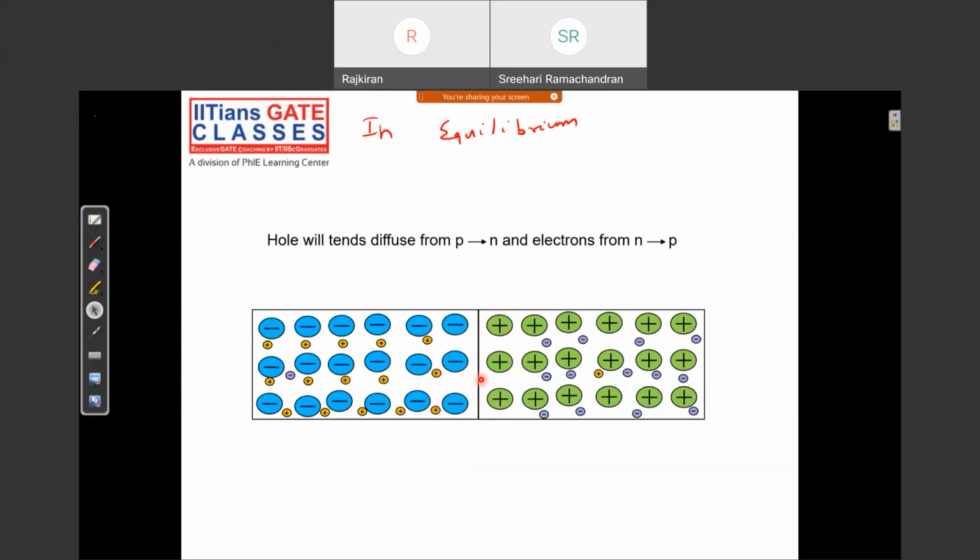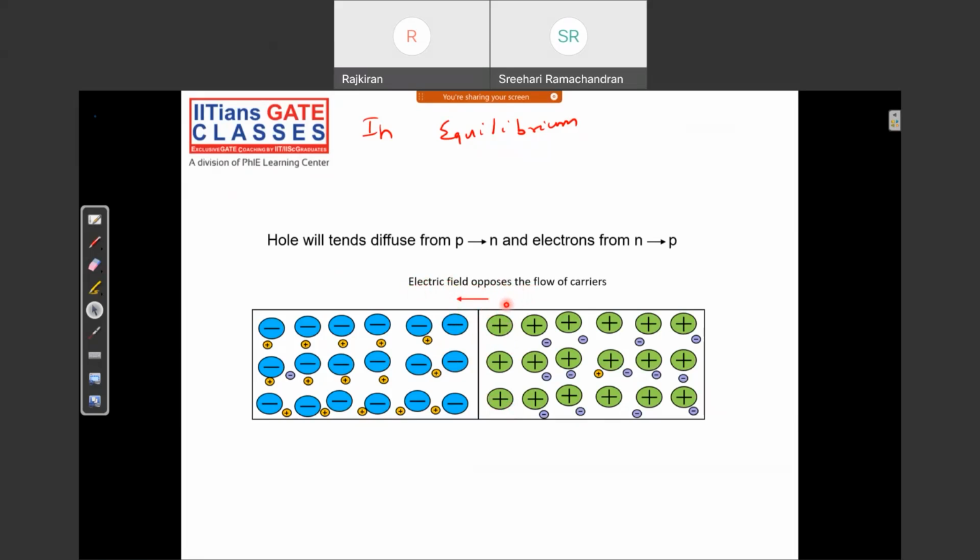So we will generate an electric field, because whenever there is positive charge and negative charge, we get an electric field. The electric field is in this direction. The electric field will try to oppose the further flow of carriers.